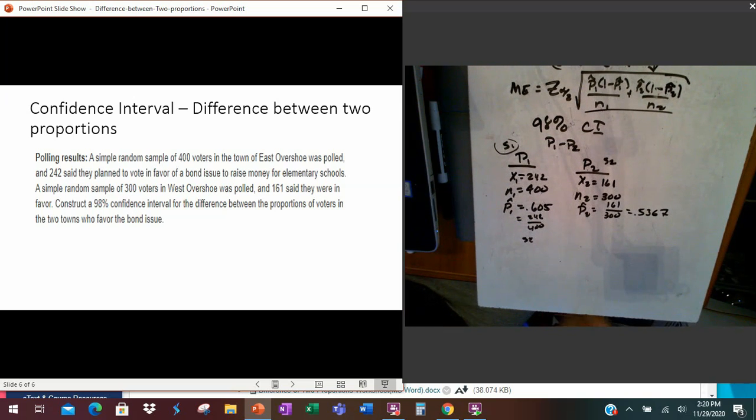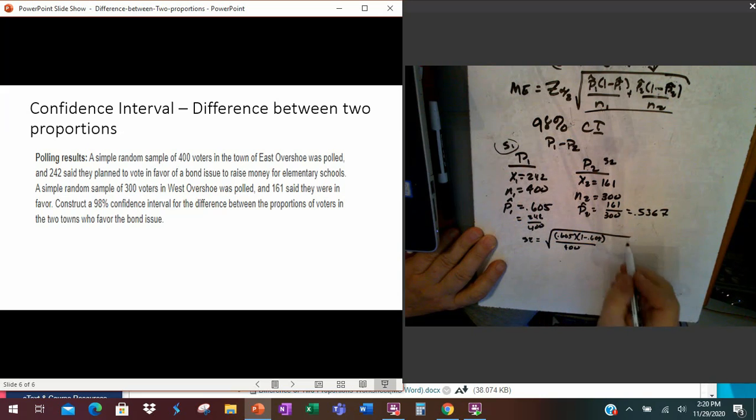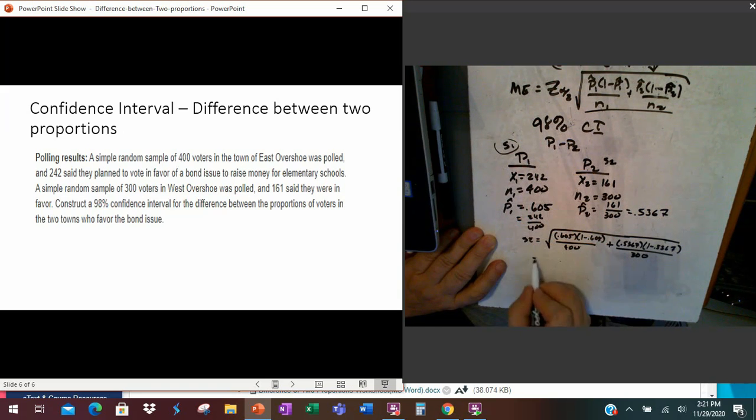Our standard error looks like the square root of 0.605 times 1 minus 0.605 divided by our N1, which is 400, plus P2 hat 0.5367 times 1 minus 0.5367, all over our N2 of 300.